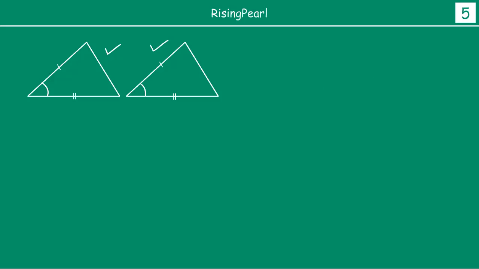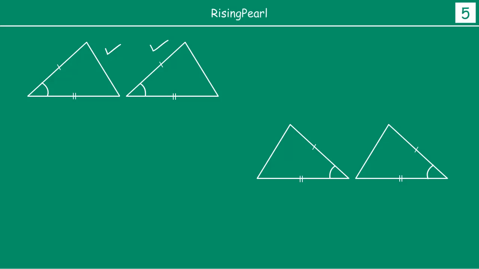आंसर इज नो, बिकॉज यू कैन ऑल्सो हैव समथिंग लाइक, मान लीजिए something like this, जहां पे कि instead of having these two angles equal, you have these two angles equal. So यहां पे दोस्तों we have these two sides equal, जैसे जो मार्क की हुई है, and we have this included angle equal in these two triangles.